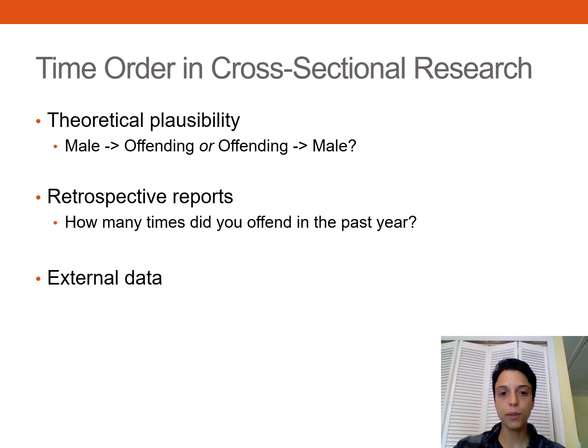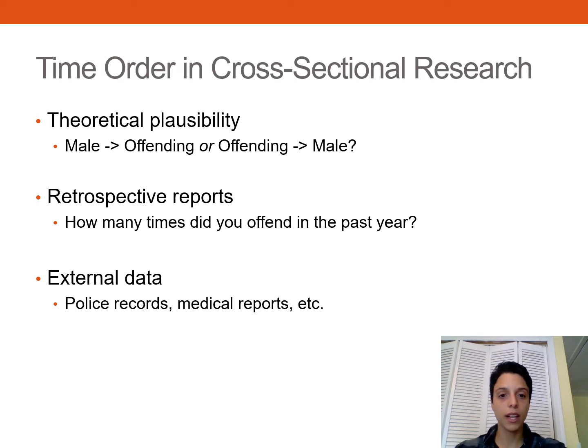It can also be possible to rely on external records or data to get information about things that happened at different points in time. So an example would be to look at police reports or medical reports or something like that.